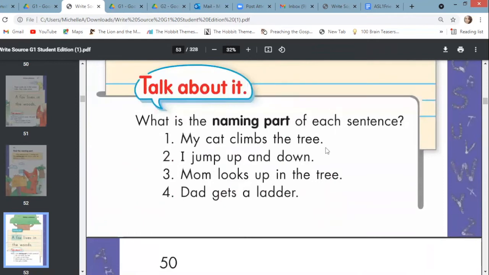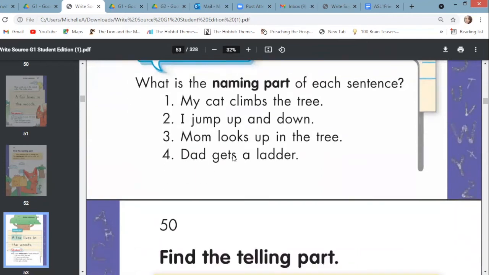My cat climbs the tree. Again, naming part. What is the naming part in this sentence? I jump up and down. Archer? The naming part would be I. I, because it's telling who.